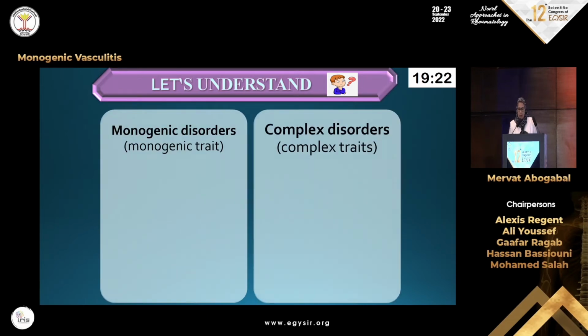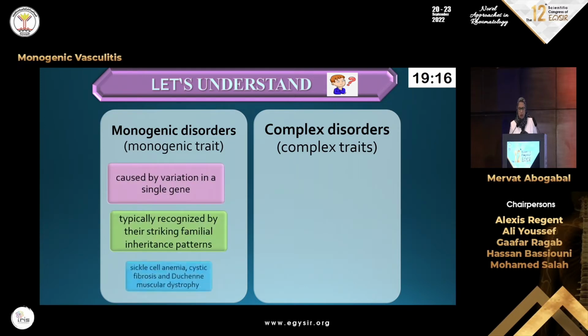At first, let's understand the difference between monogenic disorder and complex disorder in general. Monogenic disorder requires a single gene variant to produce its phenotype, to produce its clinical manifestation. Usually, monogenic disorder has a strict Mendelian inheritance pattern, like sickle cell disease, cystic fibrosis, Duchenne muscular dystrophy.